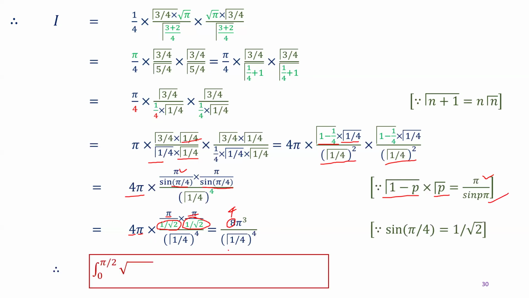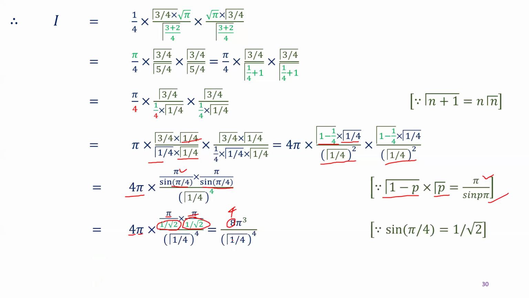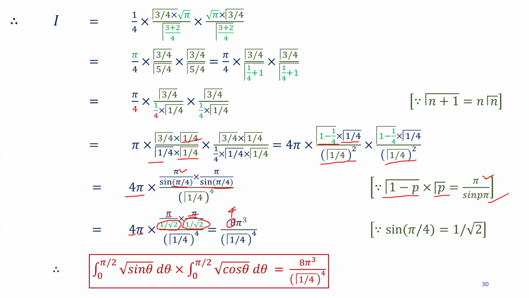Hence, the integration under the limit 0 to pi by 2 of root sine theta into the integration under the limit 0 to pi by 2 of root cot theta d theta is equal to 4 pi cube upon gamma 1 by 4 whole to the power 4. Thank you.